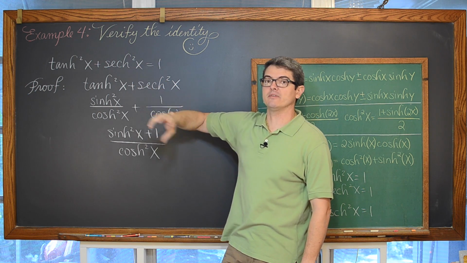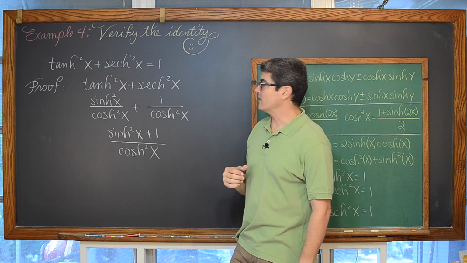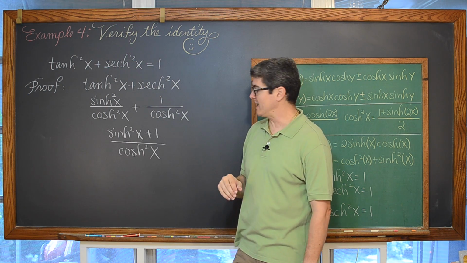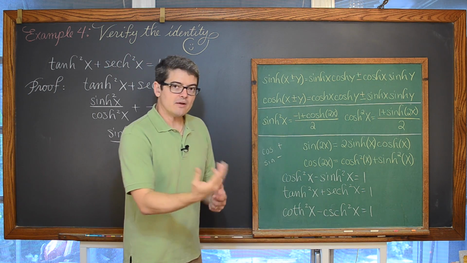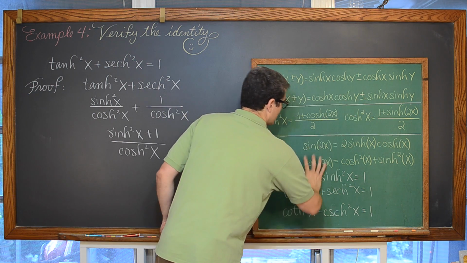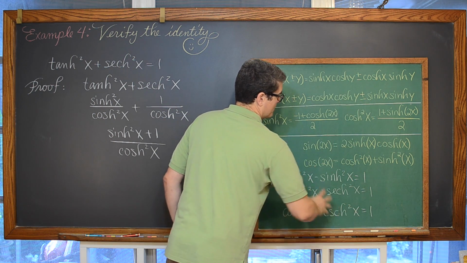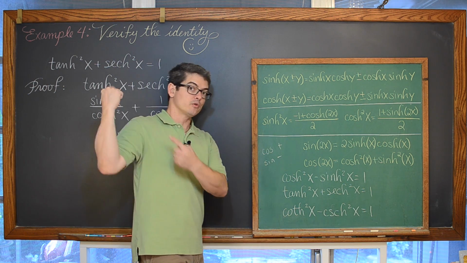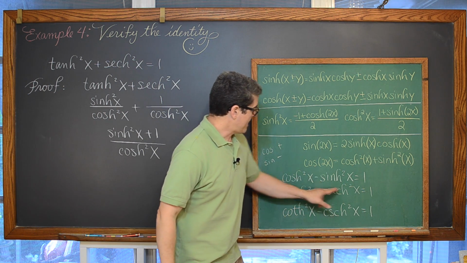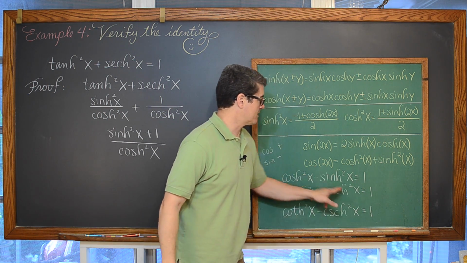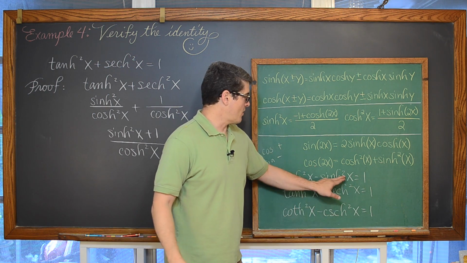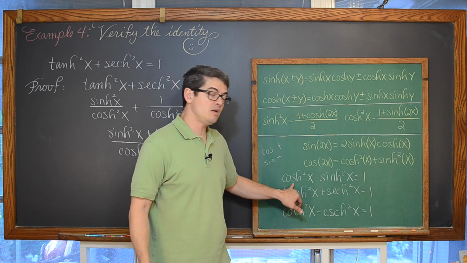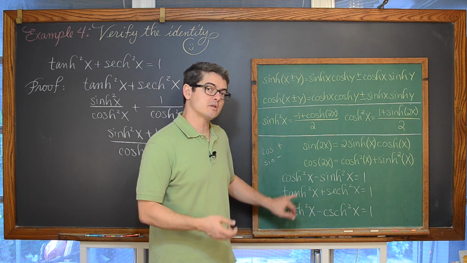You pick one side of it and you manipulate it algebraically correctly, and with correct identities to make it match the other side. But you're allowed to move things around when you're working with the identities, which we're assuming to be true, to prove a new identity. And if I add both sides by hyperbolic sine of x squared, I do get 1 plus hyperbolic sine squared is equal to hyperbolic cosine squared of x.